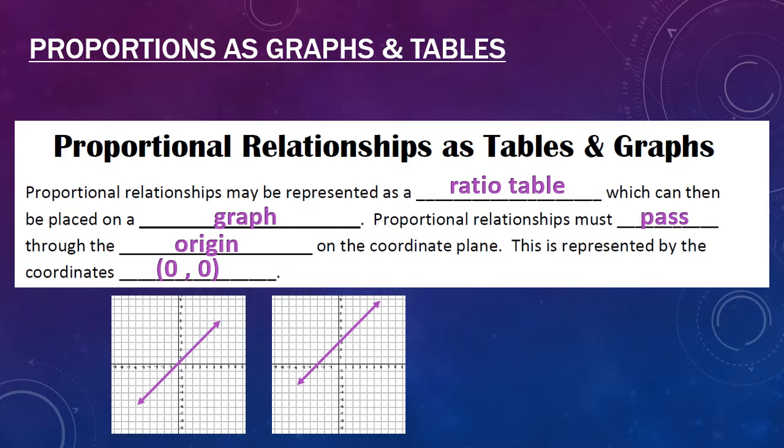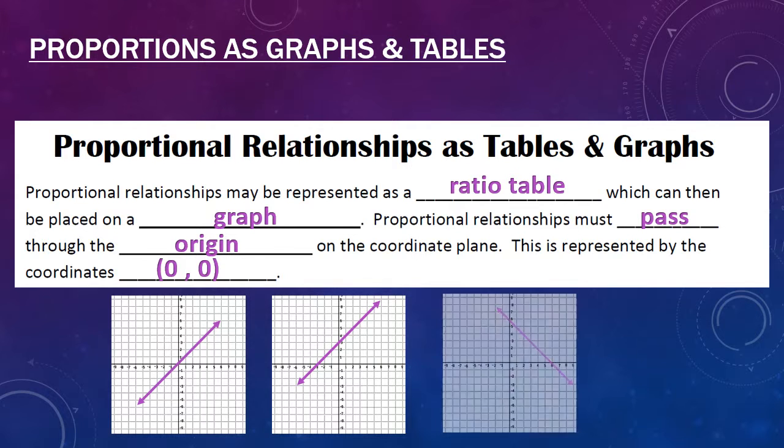It does not pass through the origin. This one is not a proportion because it does not pass through the origin. The origin is right there in the center of that coordinate plane, and the second and third examples do not pass through it, just the first one.